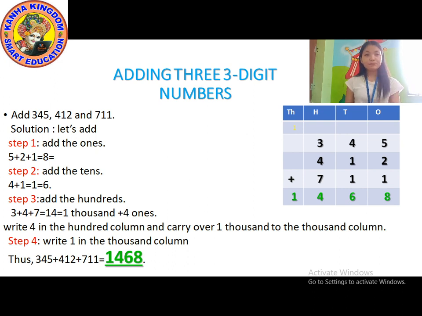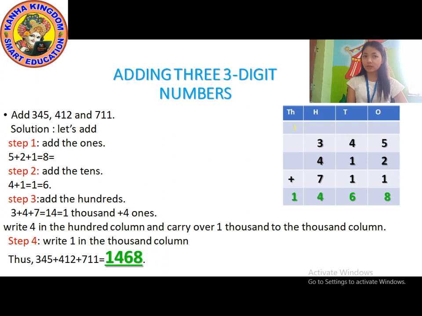Now, solution. Let's add these 3-digit numbers. Step 1, add the ones. That means we have to add the digits in the ones place first. In the number 345, 5 is the digit in the ones place.